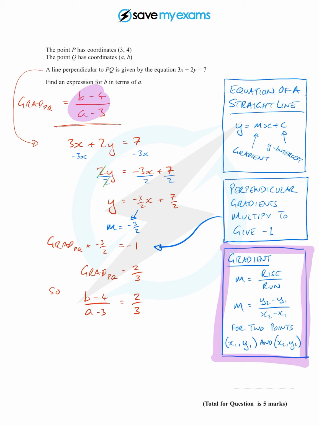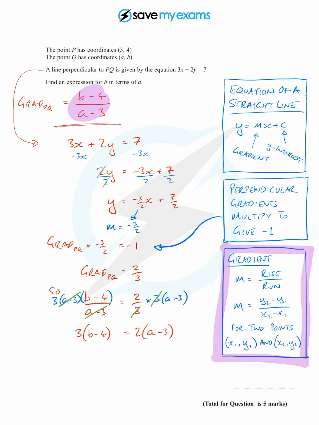The golden rule is to get rid of fractions first, so I multiply both sides by whatever's on the bottom: first 3, and then a minus 3. On the left, the a minus 3s cancel, and on the right, the 3s cancel. So 3 times b minus 4 is equal to 2 times a minus 3.